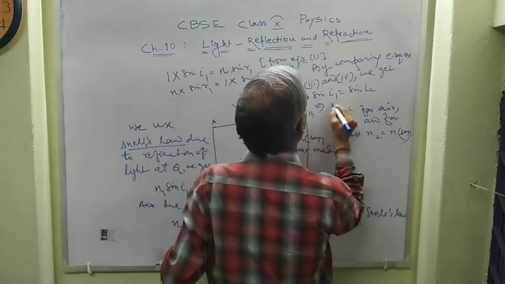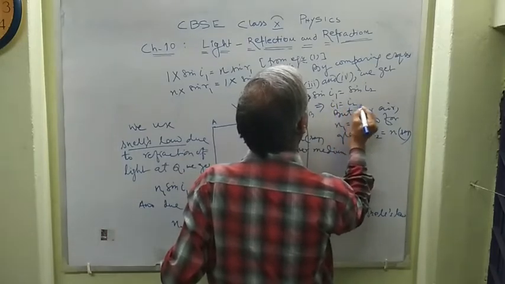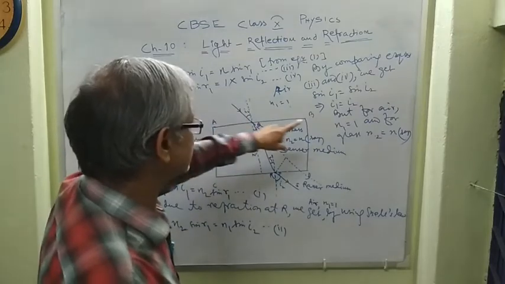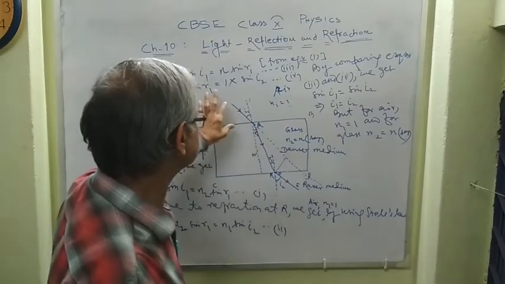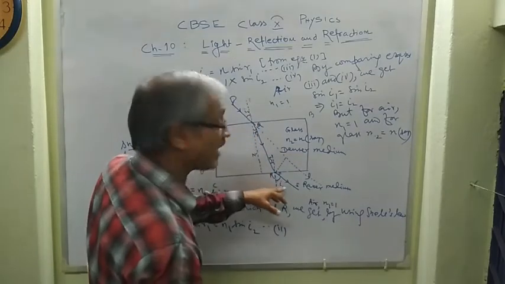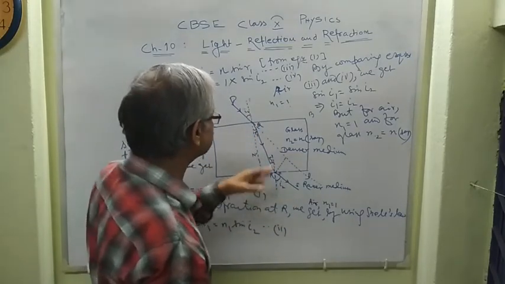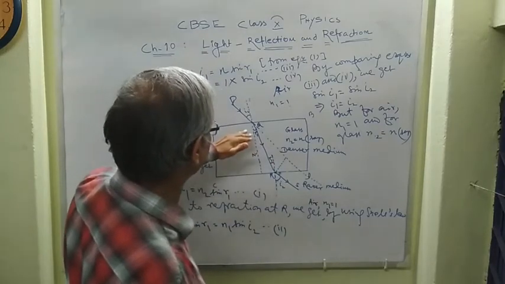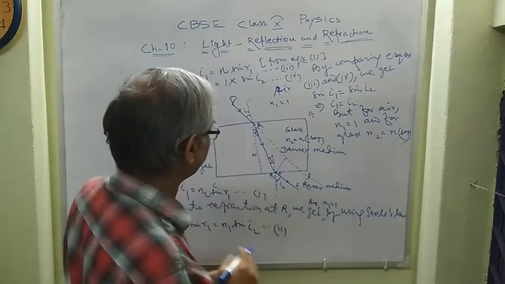That means I1 equal to I2, which implies that I1 equal to I2 means PQ is parallel to RS. That is, there is no deviation actually due to refraction at Q and R.